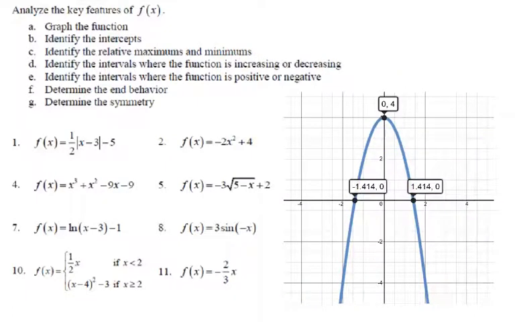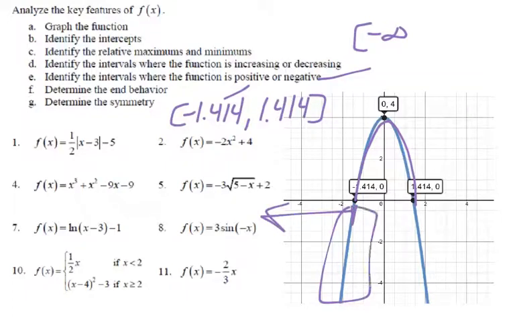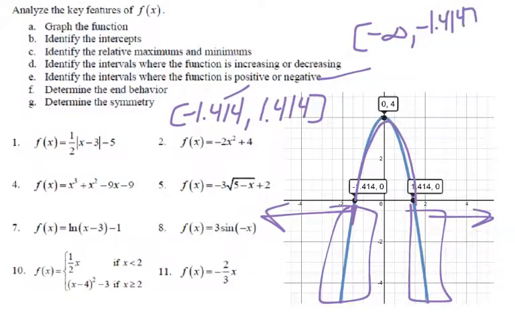Positive and negative, we're positive from that point to that point. So from -1.414 to +1.414. We're negative from -infinity, right? Because as we keep going to the left, we're going to be negative, just as we keep going to the right, we're negative. So -infinity to -1.414, and that U for union, because we have to jump a spot, 1.414 to +infinity.